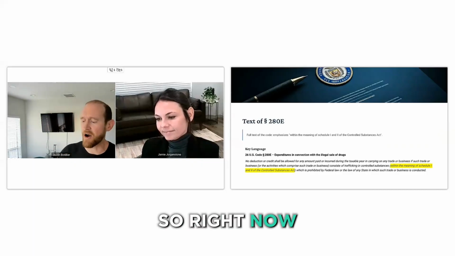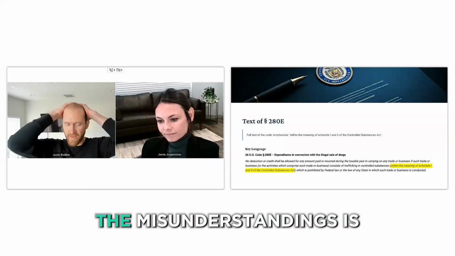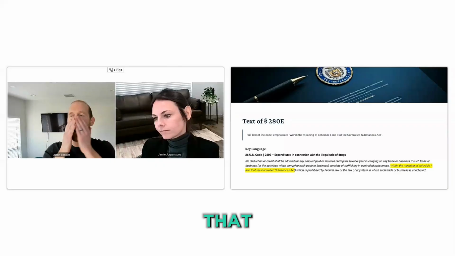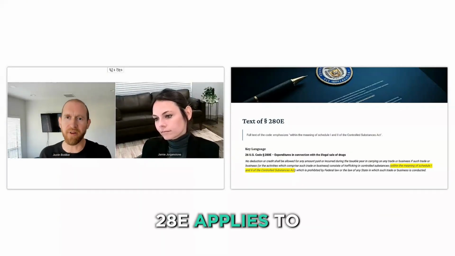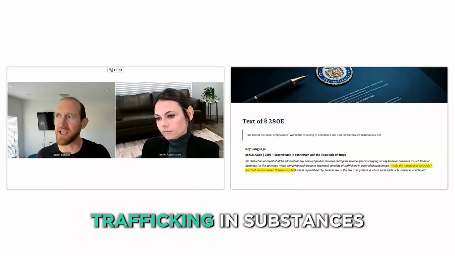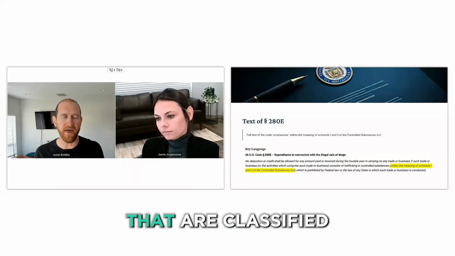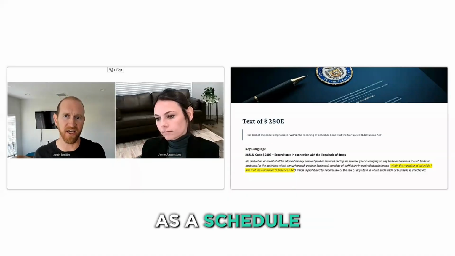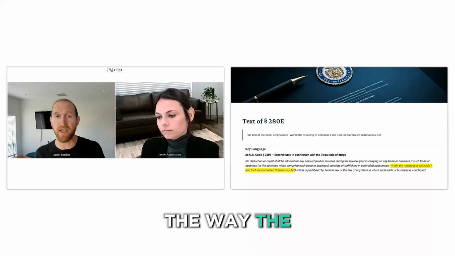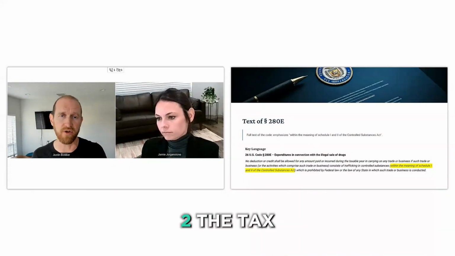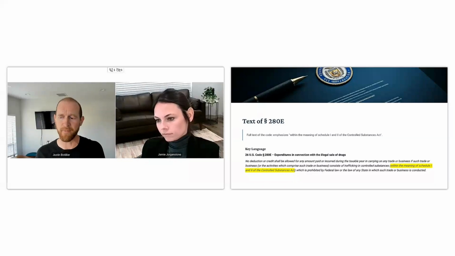So right now, one of the misunderstandings is that people believe that 280E applies to businesses that are trafficking in substances that are classified as a Schedule I substance. And that is the way the IRS is interpreting the tax code 280E.